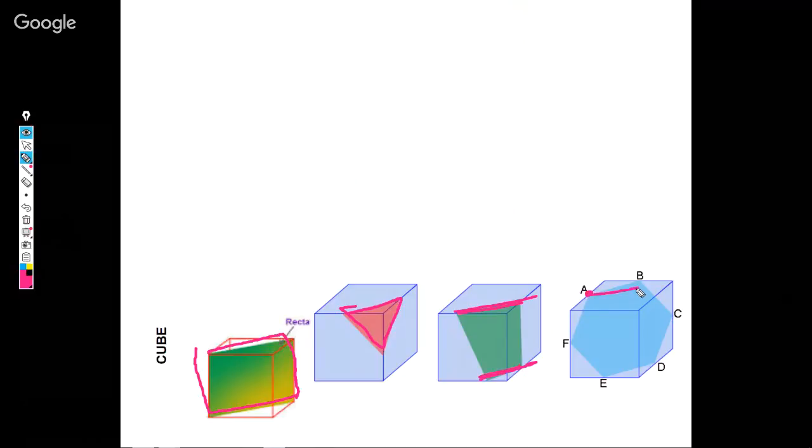You could actually get a hexagon if you connect the midpoints of 6 of the sides. So the hexagon is the biggest shape that you can get inside of a cube. I think the question on one of your review sheets said something like, can you get an octagon in a cube? And the answer is no. The hexagon is the biggest shape that you can get on a cube.